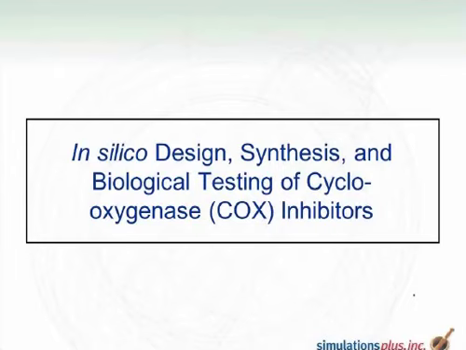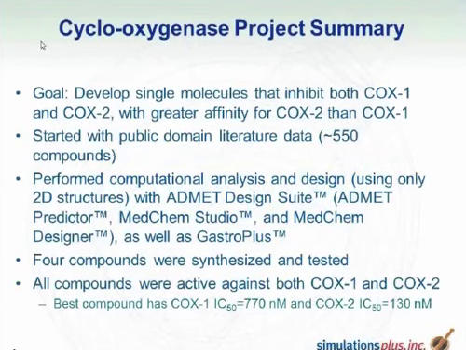This next slide is basically an executive summary of the project. Our goal was to develop molecules that inhibit both COX-1 and COX-2 with greater affinity for COX-2 than COX-1. We started with public domain literature of about 550 compounds. Next, we performed computational analysis and design using only the 2D structure of the molecules.